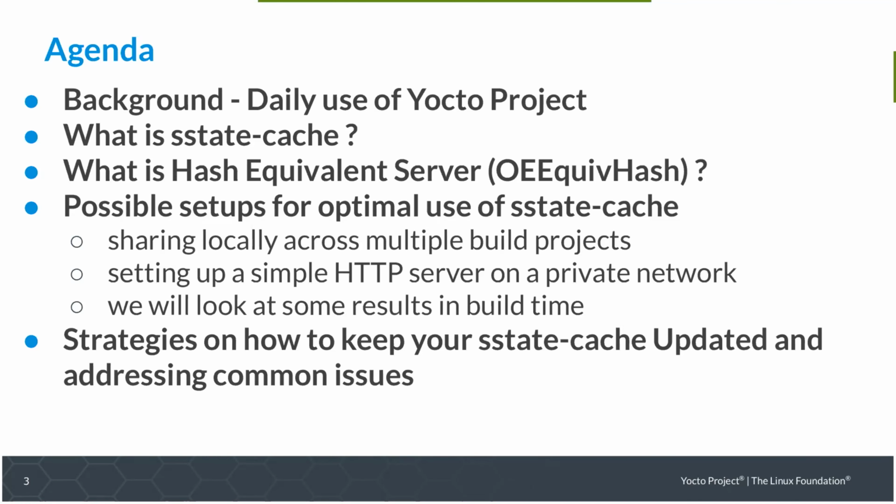And then to sum up our talk, we're gonna talk about some strategies, how to keep our shared state cache updated, and address some common issues. Okay. And in the end, if someone has something to complement, it is more than welcome.